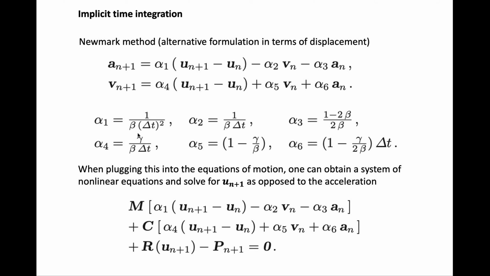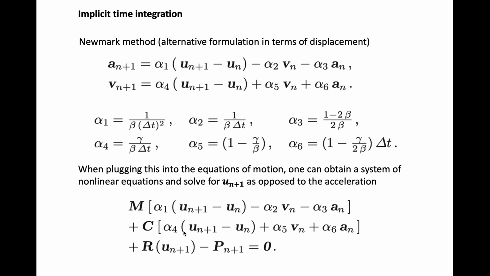It's the same method. Beta and gamma appear here as well. But when you plug this into the linear momentum balance weak form, then you get a system of equations where everything gets expressed in terms of the unknowns un plus 1. So that's the difference, basically.